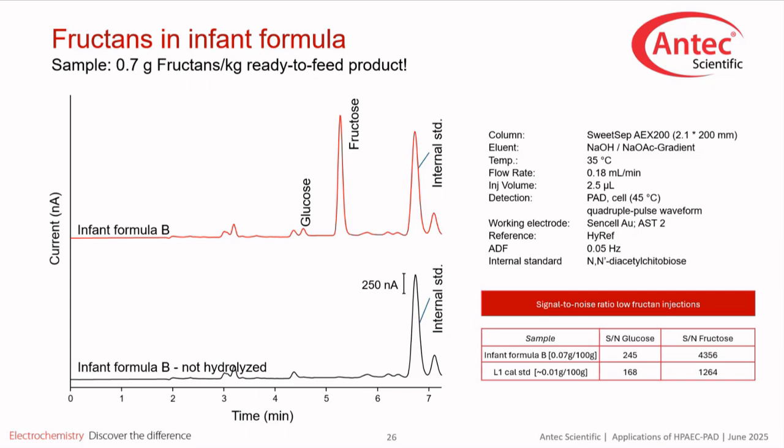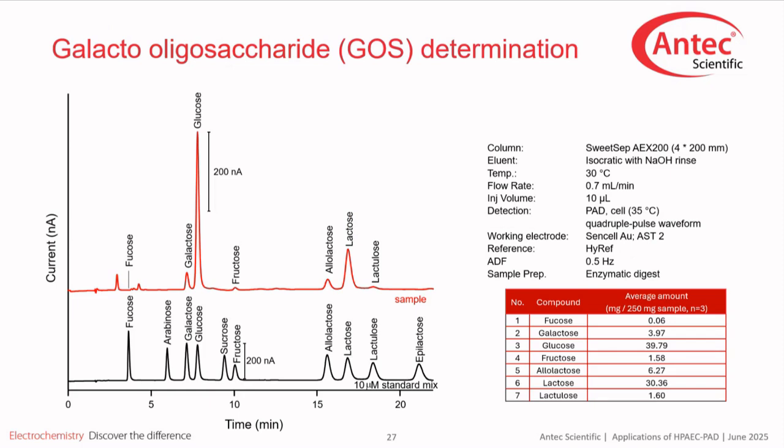The flexibility highlights our versatility with the same column. And just to recap, ladies and gentlemen, we demonstrated the separation of inulin, short-chain FOS, and the sum parameter FOS after enzymatic digestion using the same column with adjusted elution parameters and chromatographic conditions. That is what I call relatively straightforward.